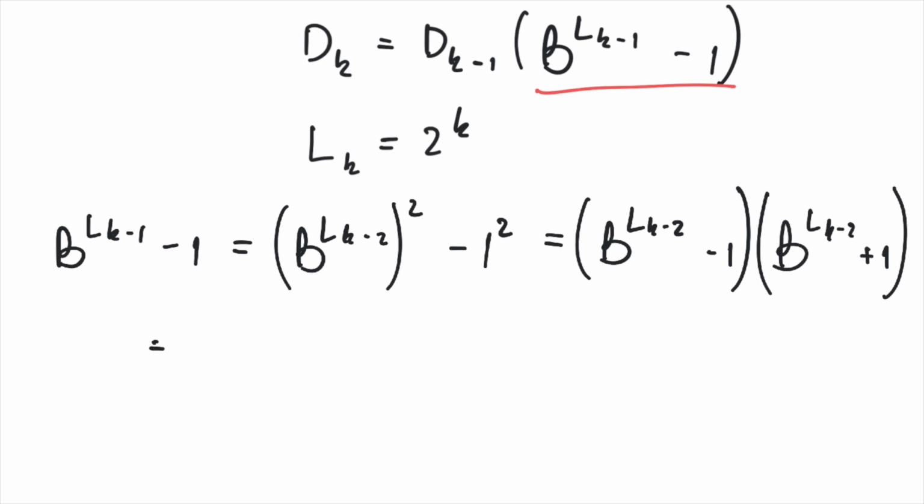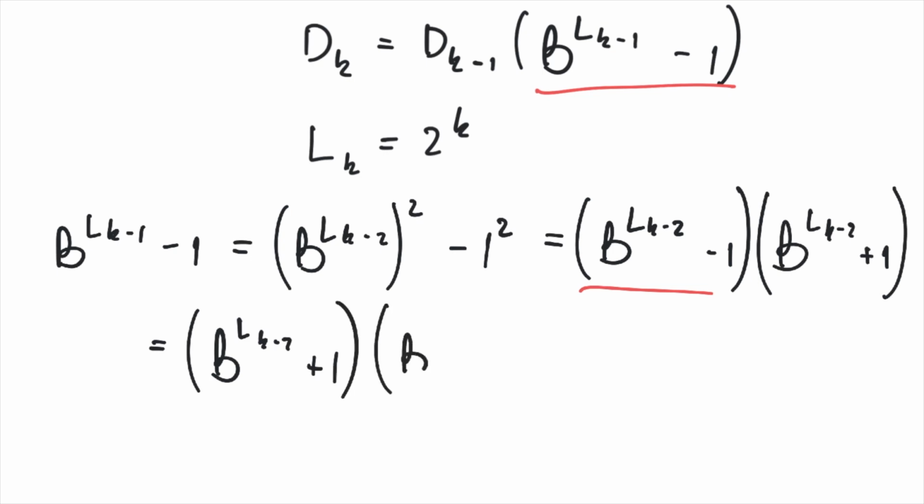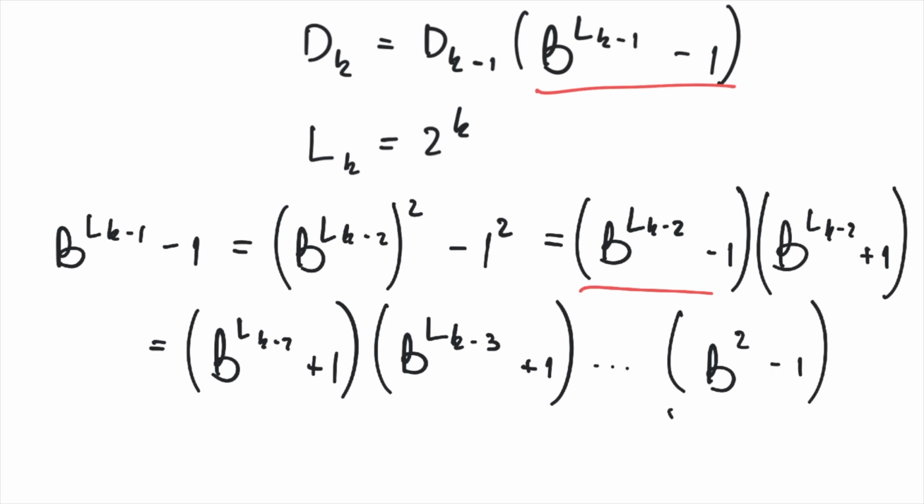Then, repeating this process, because now we have again this term, which is the same one with k minus 2, we have that at the end we will get b^(l_{k-2}) plus 1 left from the first difference of squares. The next difference of squares will give us b^(l_{k-3}) plus 1, and this will continue until we reach b squared minus 1, which itself is b minus 1 times b plus 1.